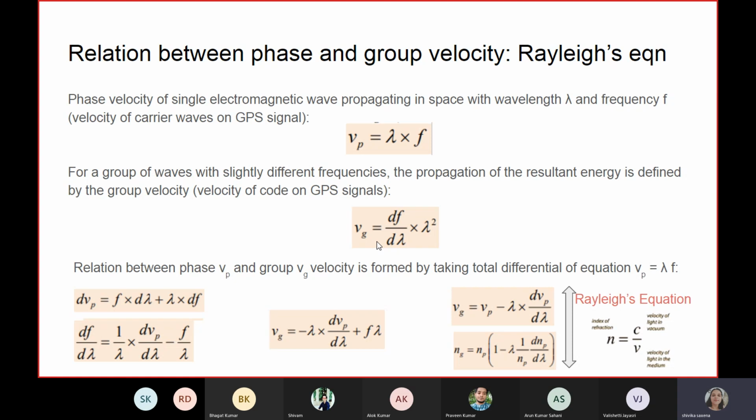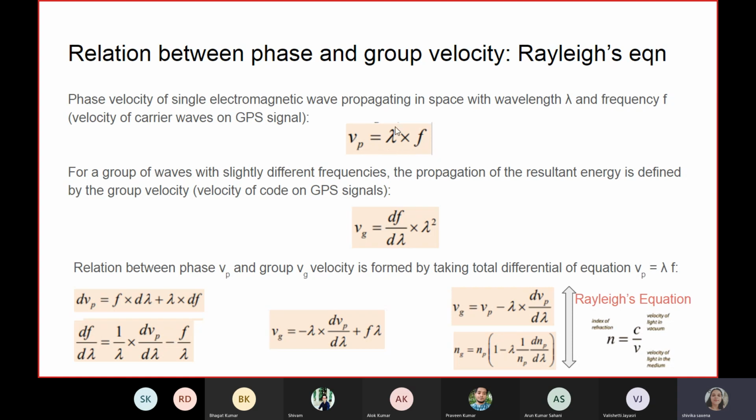The propagation of the resultant energy is defined by the group velocity of the slightly different frequencies. This is given by the relation Vg equals df by d lambda times lambda squared. Now, how do we relate these two? This is related by taking the total differential of the equation Vp equals lambda f.